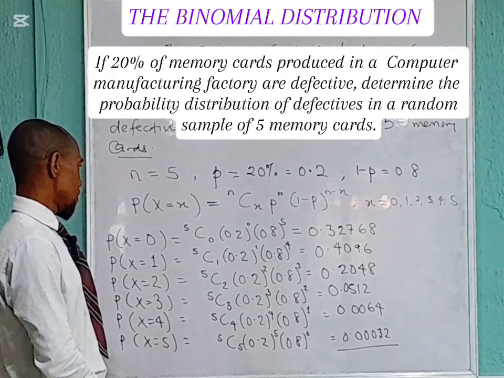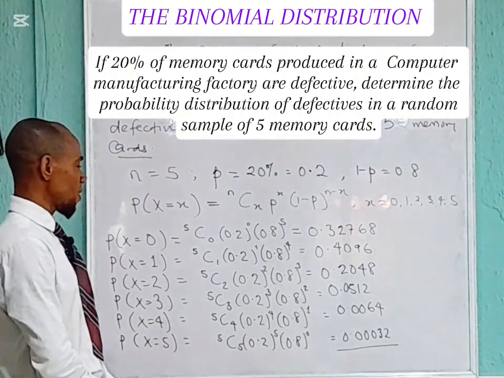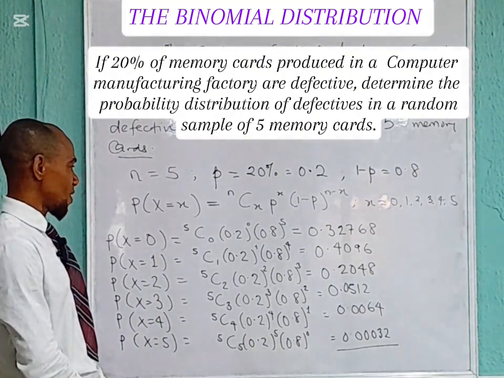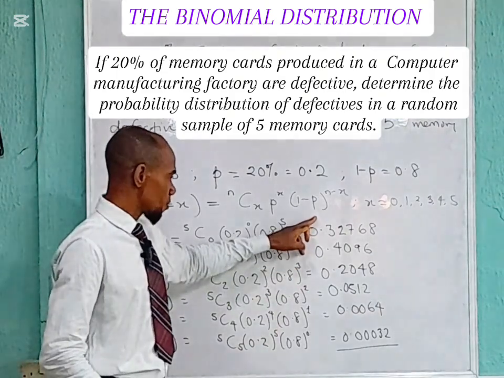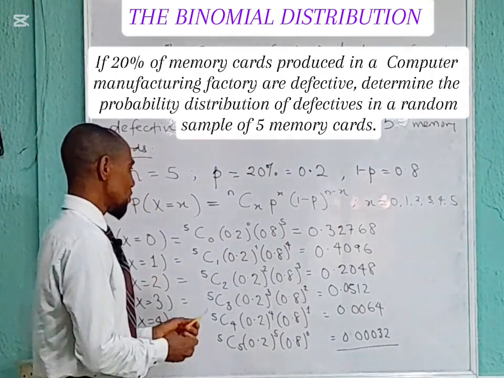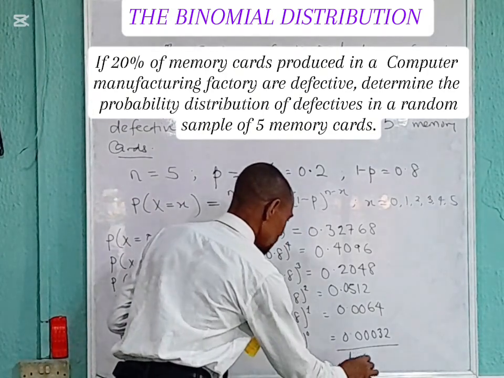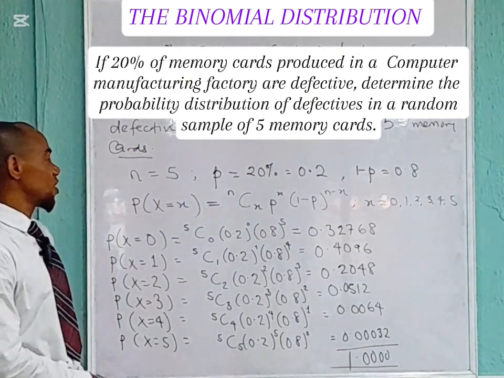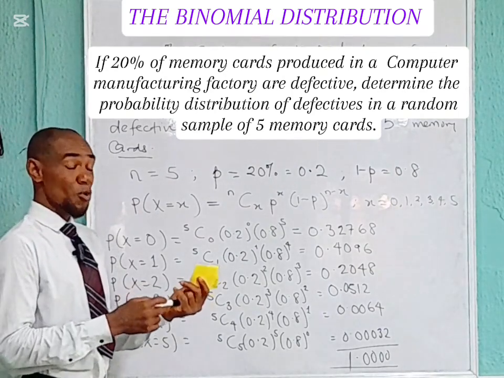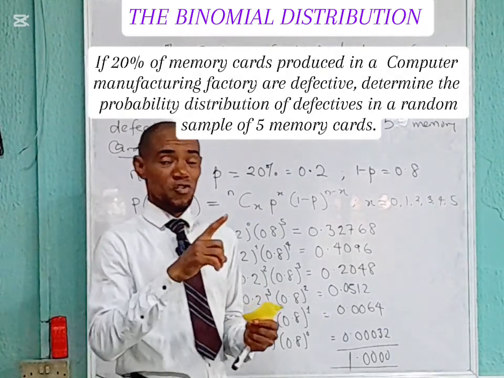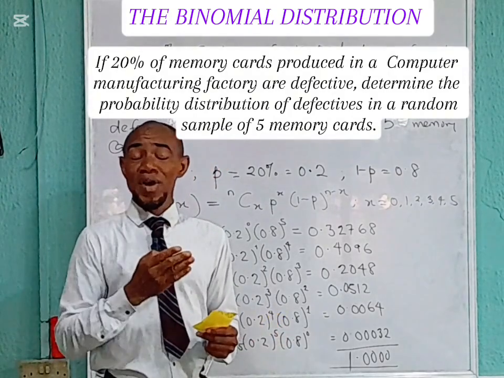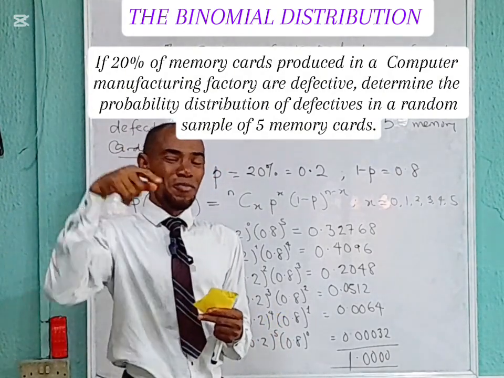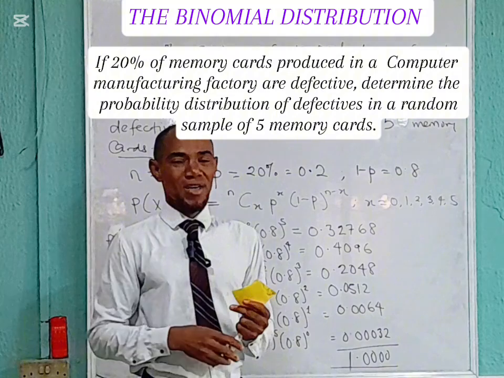So these are the full probabilities of respective outcomes when x assumes the values 0, 1, 2, 3, 4, 5. Now, a very quick safe proof test to know if you are right is that when you sum up all these probabilities, you must necessarily get 1.0000, which indeed shows that it's a probability distribution, because the summation of probabilities for a discrete distribution is equal to 1. Whereas for continuous, the integral value will be 1 as well.